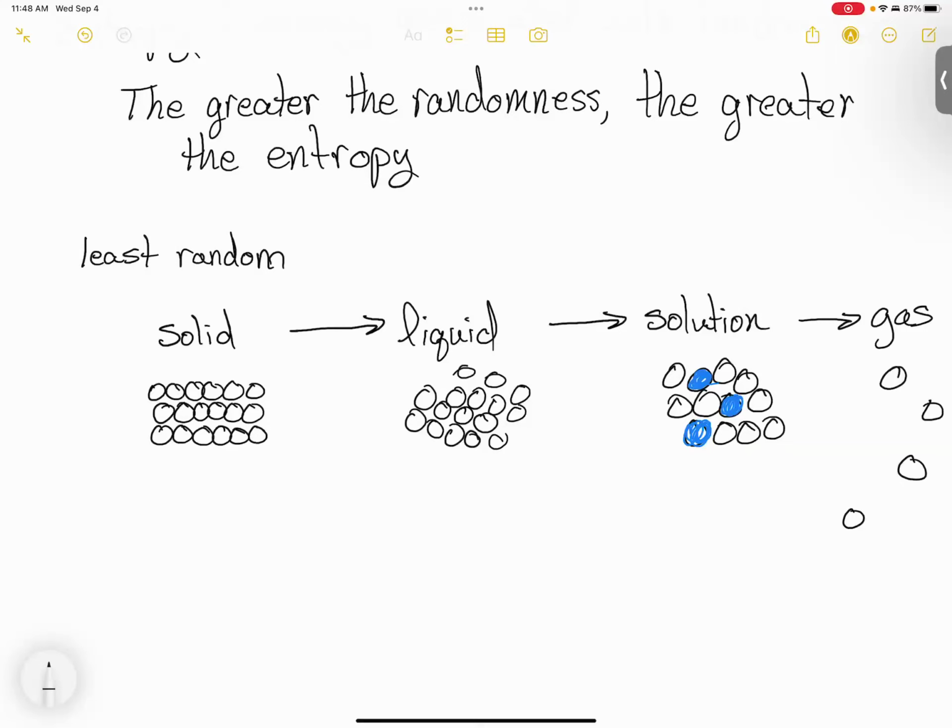So when we make a solution, making a solution is entropy favored in most cases because you have a greater amount of disorder. And that greater amount of disorder can be the driving factor behind the formation of a solution that, from an enthalpy standpoint, shouldn't occur.